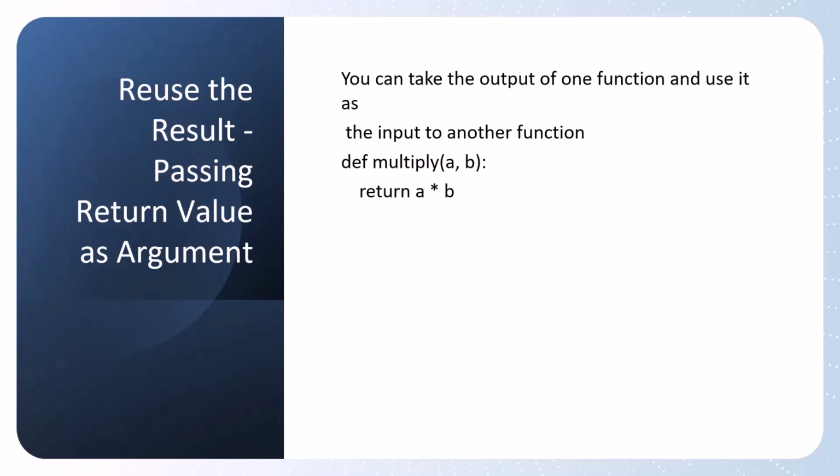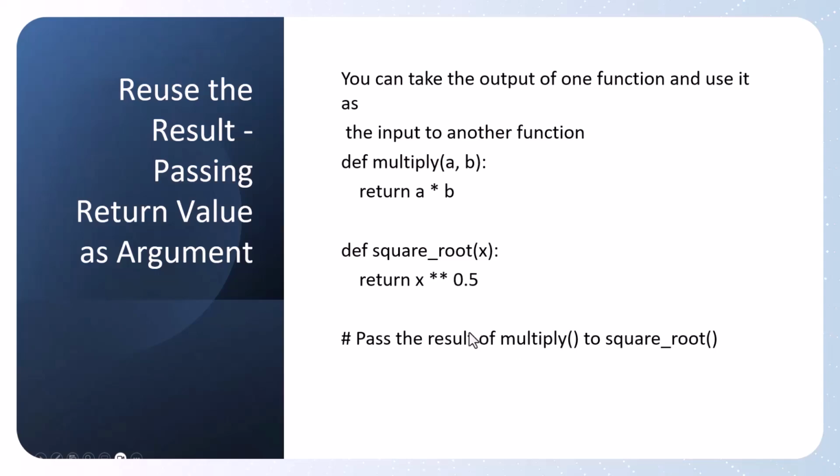We have this multiply function again, and we've created another square_root function which takes a parameter or argument x and returns x to the power 0.5, that is, double asterisk, x to the power 0.5, which is square rooting x. Then we pass the result of multiply to square_root. So in the result variable, I am calling the square_root function and passing as an argument the result of the multiplication. Okay, so let's see this in action as well.